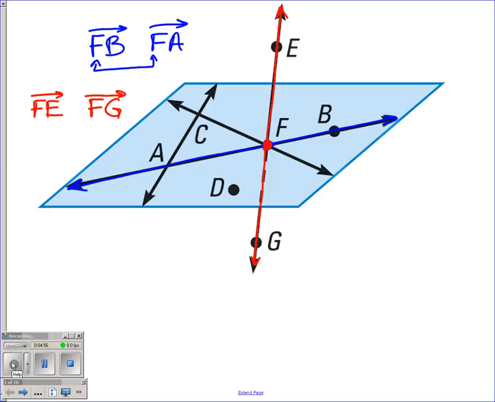They form a line, and again, notice their starting point is exactly the same. Opposite rays always start from the same point.